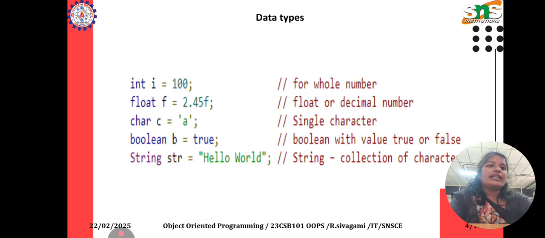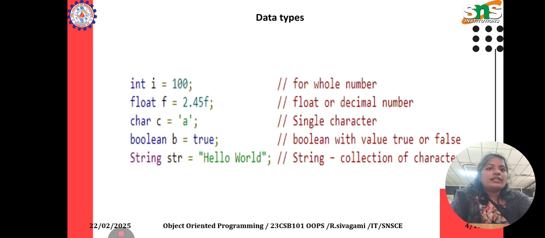Here I give examples for data types. int i = 100. Here I declare a variable i, and I store the value 100 into the variable. The next one is float. float f = 2.45f. Why do we give an f at the end of the number?